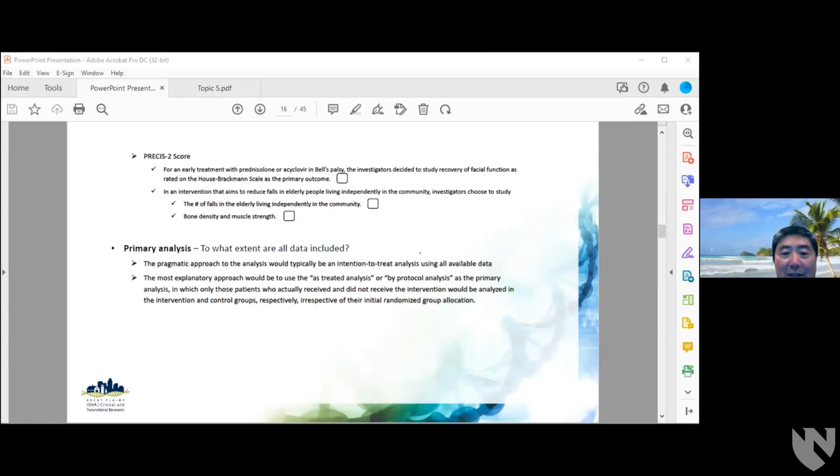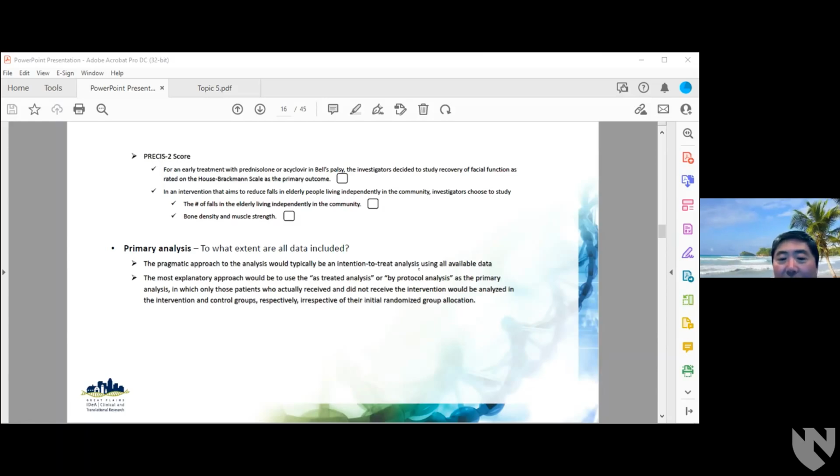So, coming to the analysis portion. A pragmatic approach in analysis would typically use what's called intent-to-treat analysis in clinical trials. Once you have a randomized trial, you compare people randomized to the treatment versus randomized to the placebo.